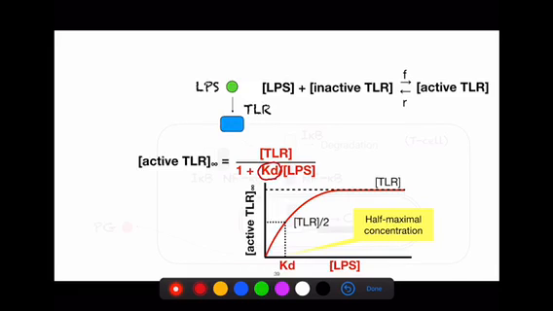Suppose the amount of LPS is exactly KD, which is, as you know, about the nanomolar range.